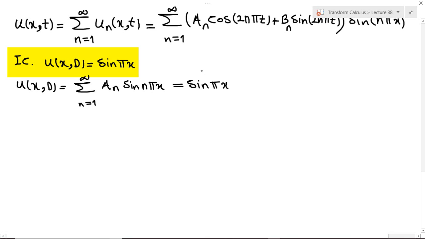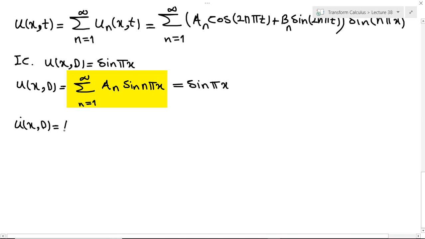We have to find a_n now. In order to find a_n, you can use the half-range series. The formula is in the formula sheet, you can easily find it, but I don't want to use half-range series. I just want to expand u of x and 0. So in fact, u of x and 0 is equal to summation of a_n sine n pi x.